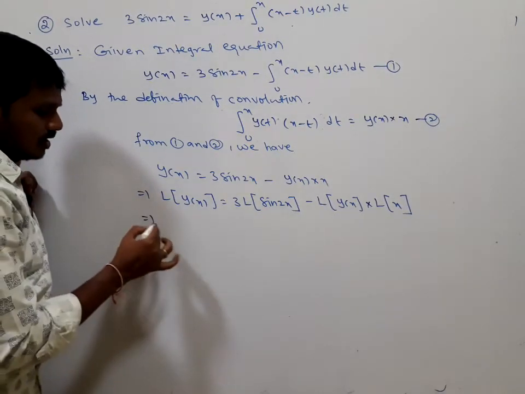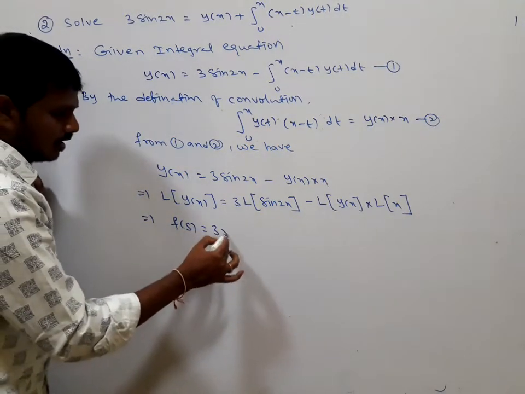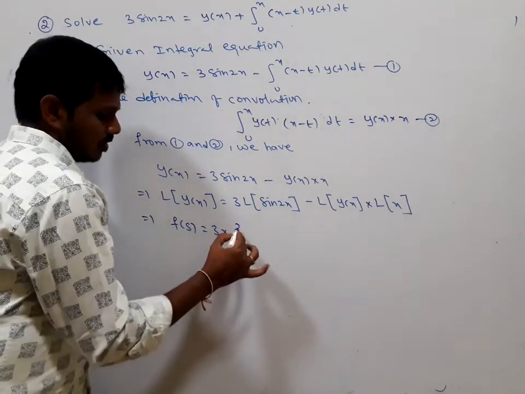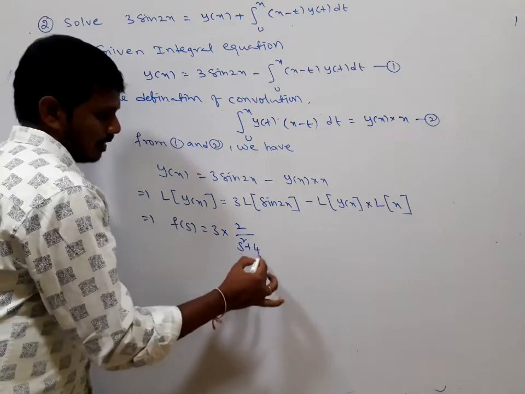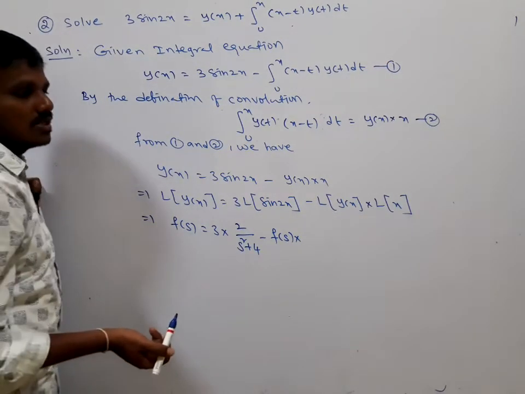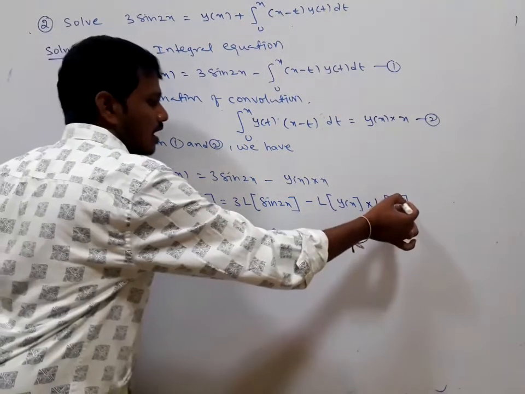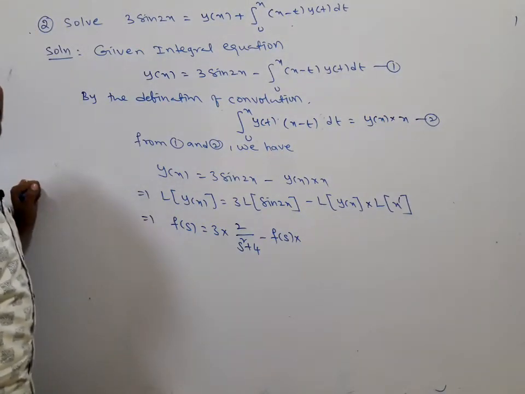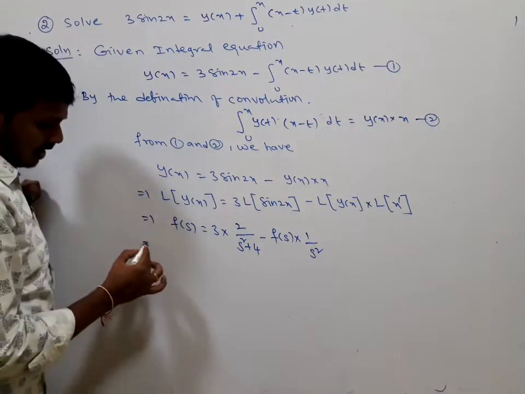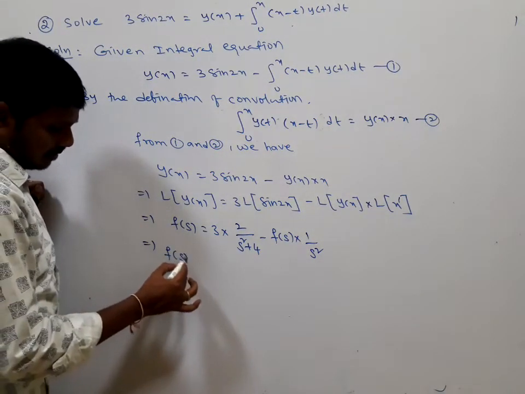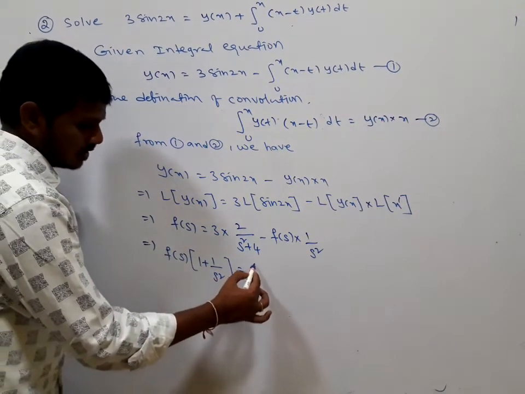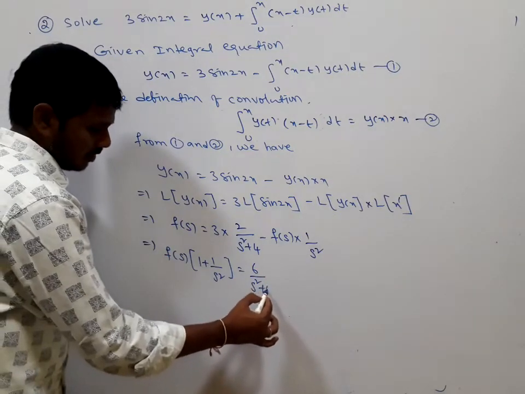Let it be f of s. 3 into Laplace transform of sine 2t is 2 divided by s square plus 2 square, that is, 2 divided by s square plus 4, minus f of s into Laplace transform of t. Laplace transform of t to the power n is n factorial divided by s to the power n plus 1, so 1 factorial divided by s to the power 1 plus 1, it is 1 by s square. So take the term to the left side; if f of s is common, 1 plus 1 by s square is equal to 6 by s square plus 4.